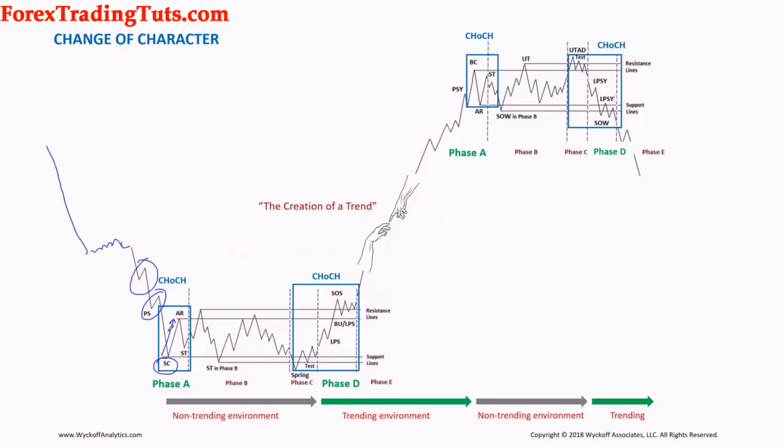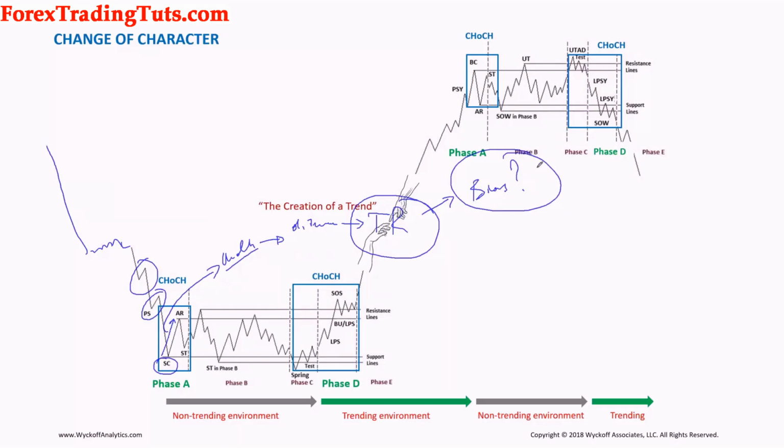And right away, when we think about this rally and that this is a possible change of character, we're always thinking that the change of character will lead to the change of the environment. So we were in the downtrend environment, and now we would change that to some kind of consolidation. So we know that the trading range is going to unfold, but we still don't know the bias at this point.